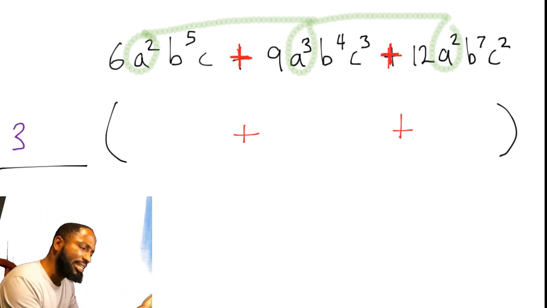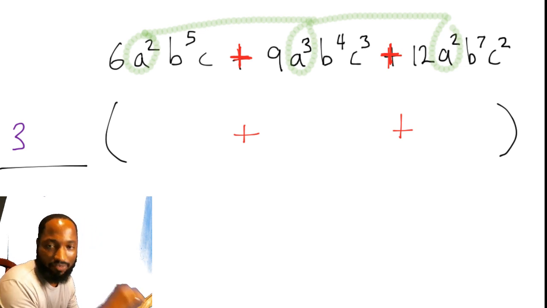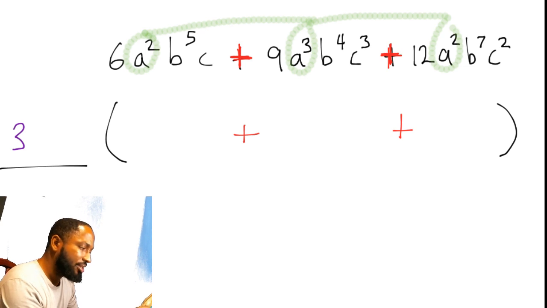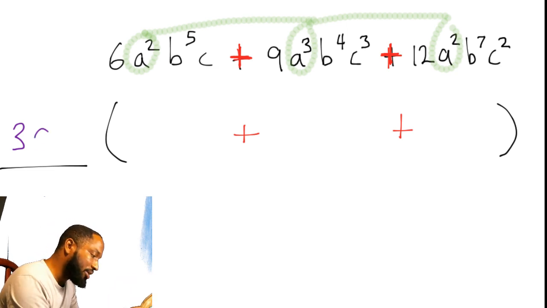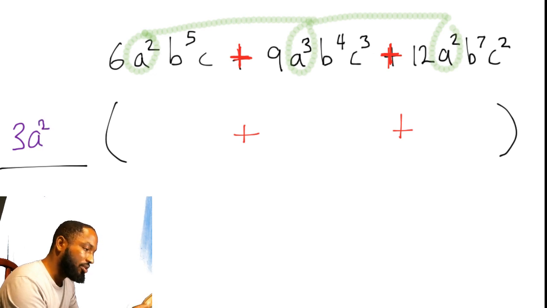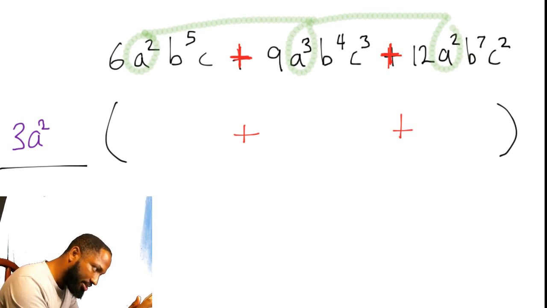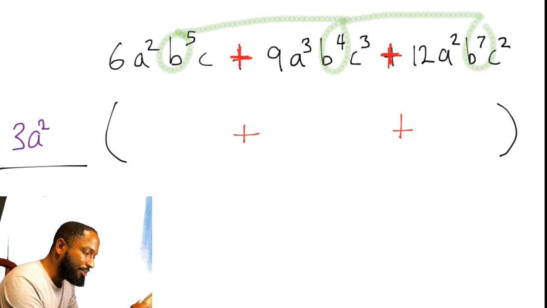So we're looking at the A's now. The highest A that could come out here that everybody has is A squared, because here we have squared, here we have cube, here we have squared. So the highest one is the lowest one, you understand? So A squared can come out. And now we're going to direct our attention to the B. What can come out for B?